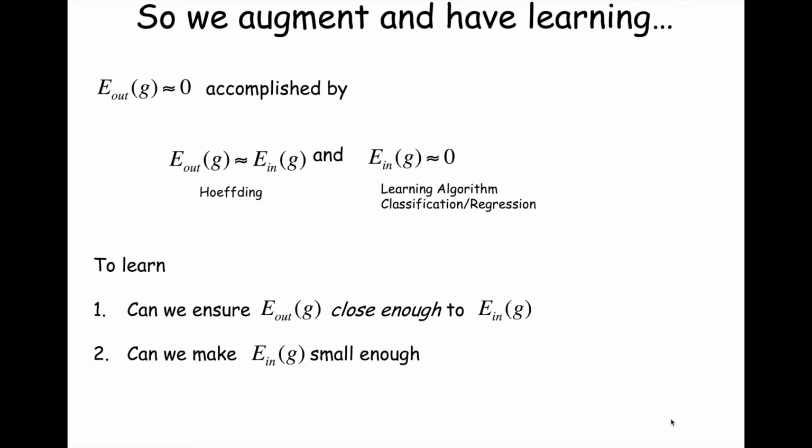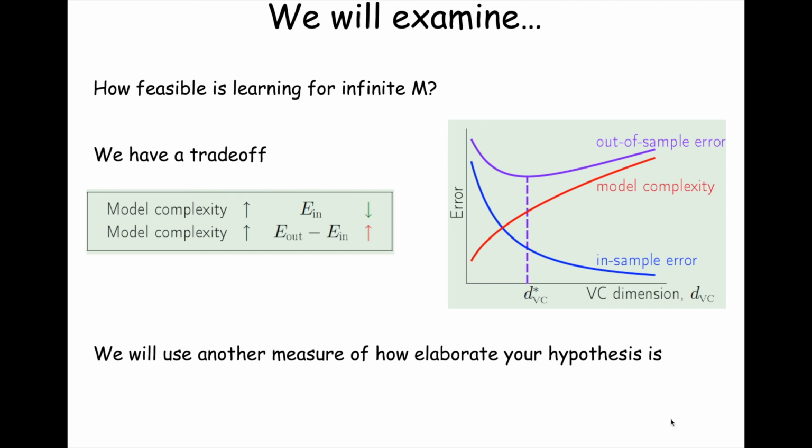So there's this other part about setting the size of the hypothesis set. You have to make the right trade-off. Your hypothesis set has to be complex enough for E in to be small, but it can't be so complex that you lose track of the difference between E in and E out.